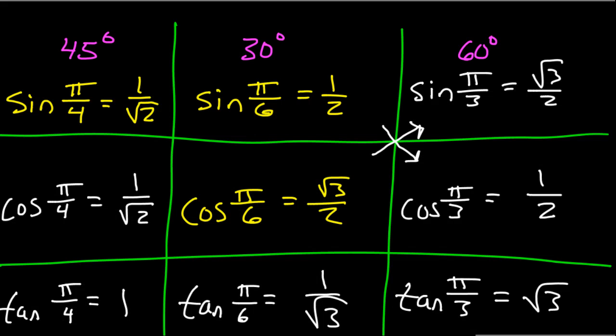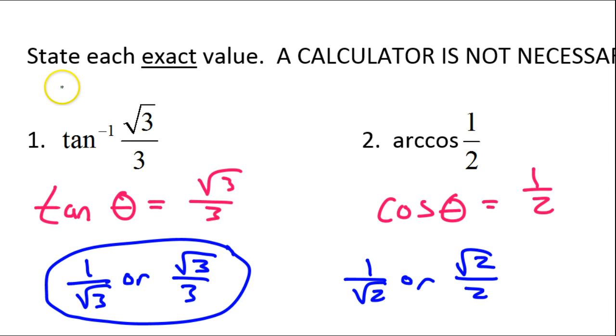If we look back at that chart, looking at the tangent zone, you see we have 1 over radical 3 right here. So tangent of pi over 6 gives you 1 over radical 3. So pi over 6 is what we're looking for. But here's the tricky part. Pi over 6 is just a reference angle.